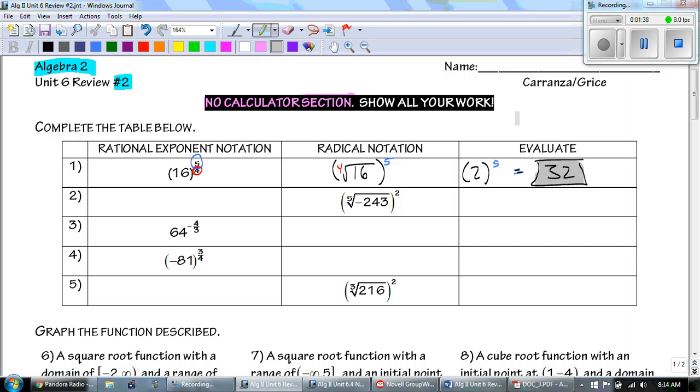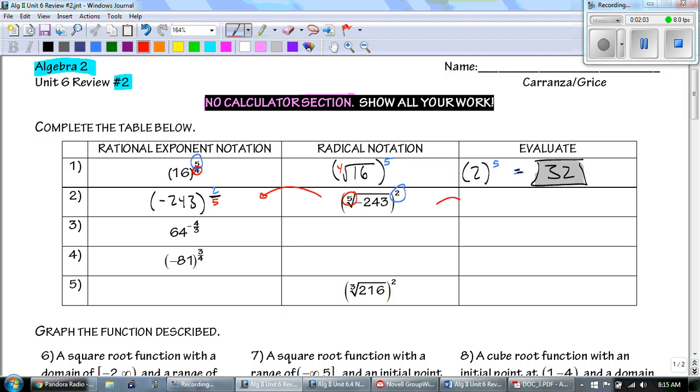Okay, so number 2, I have to bring it over to this way. So I know that negative 243 stays in parentheses. 5 is my root, that goes below, and 2 is my exponent.